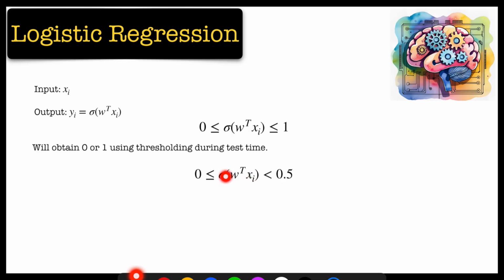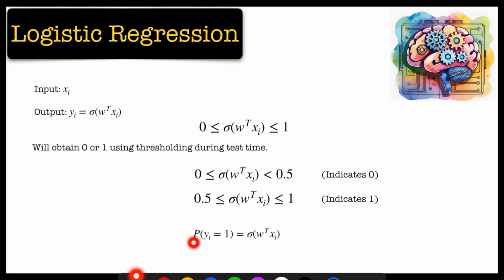If the sigmoid value is between 0 and 0.5, then that indicates the 0 class, basically the failure class. If the sigmoid value is between 0.5 and 1, that indicates 1, basically the success. So the probability of output class 1 is sigmoid of W transpose xi, and the probability of output class 0 is 1 minus P, that is 1 minus sigmoid of W transpose xi.